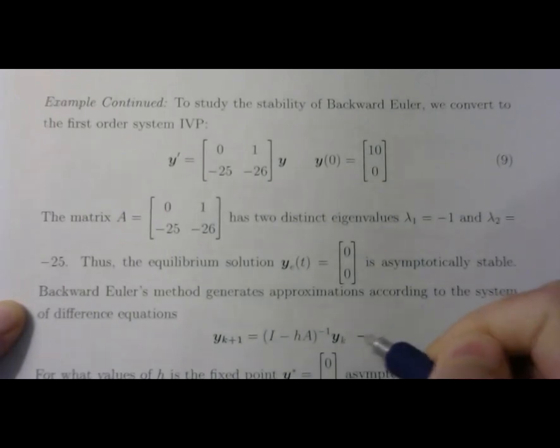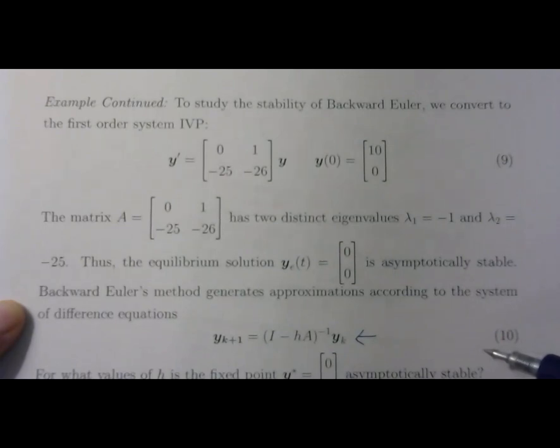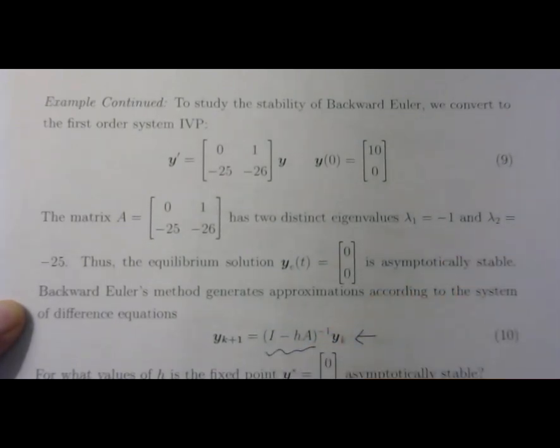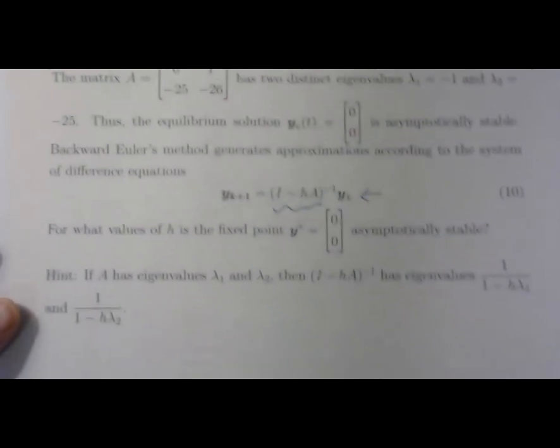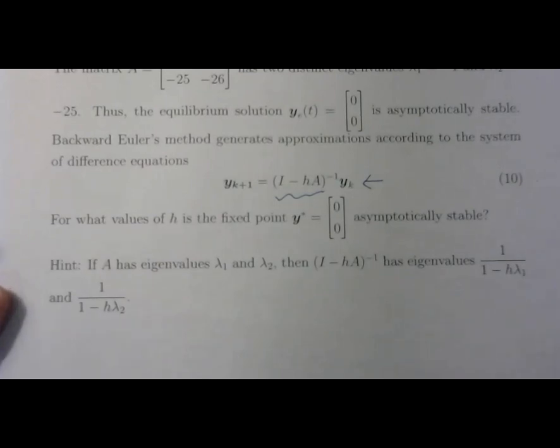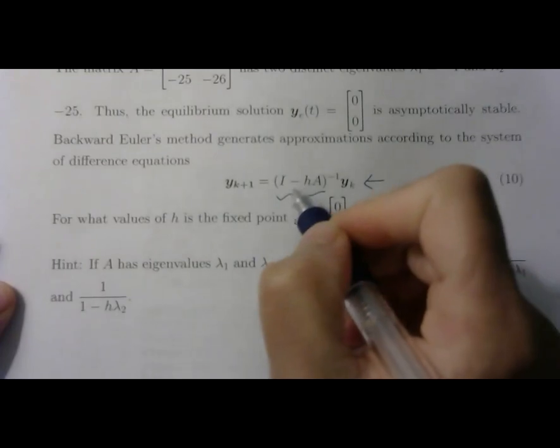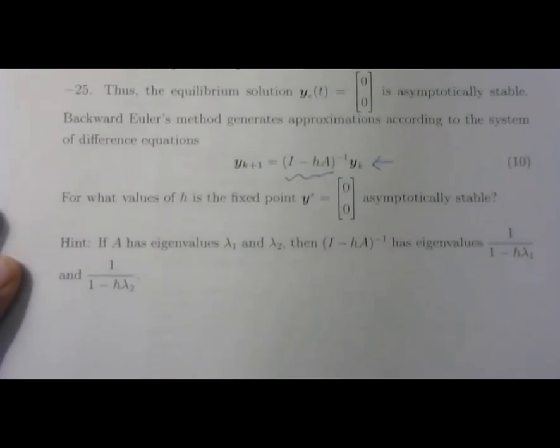When I move to discrete time, the condition that I now need is for the eigenvalues of this to be in the unit circle. That's what convergence means in discrete time, right? So the question is, when are the eigenvalues of this in the unit circle?